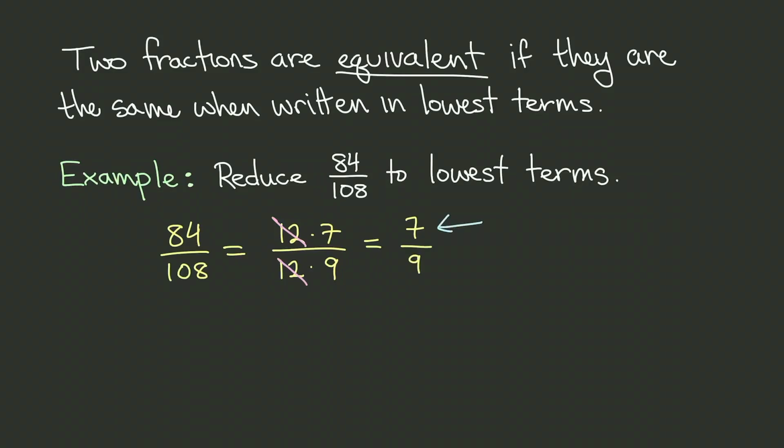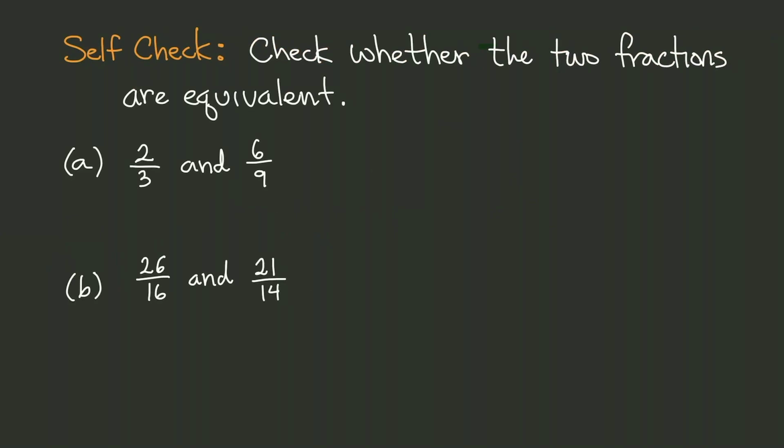Now 7 is a prime number. So because 7 doesn't divide 9, we know that this is our final answer. Let's check our understanding. Here we're supposed to check whether the 2 fractions are equivalent. When we look at this first one, 2/3, that's already reduced because 2 and 3 are both prime numbers.